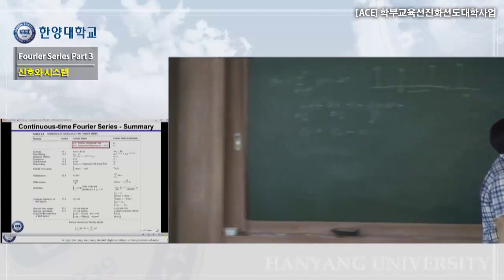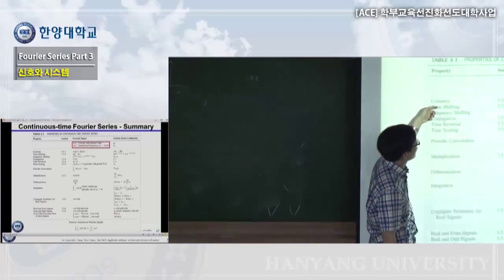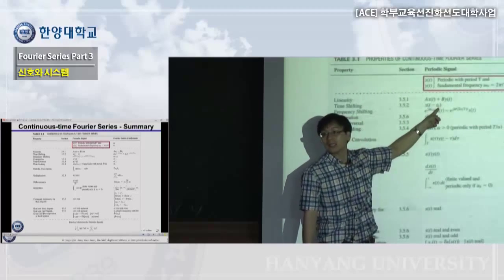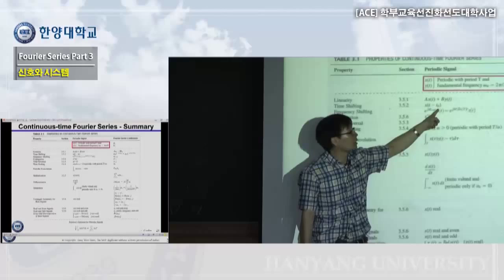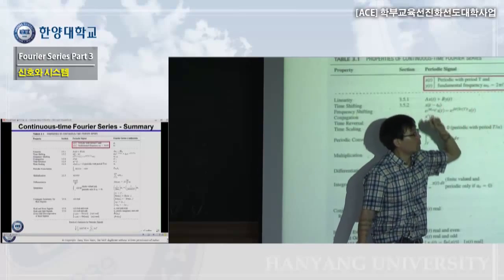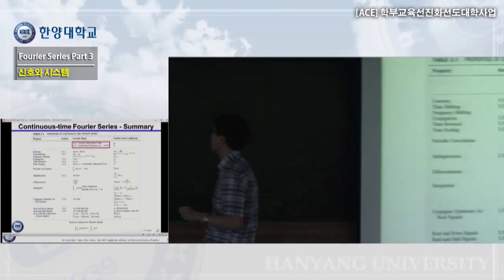What's the property for time shifting? Time shifting, the second one. If we shift by t0, then we have the original one multiplied by e to the minus j k omega 0 t0.